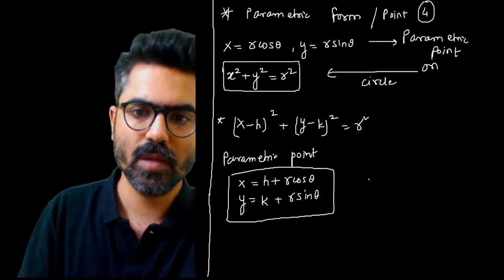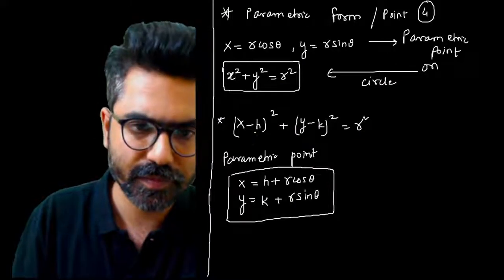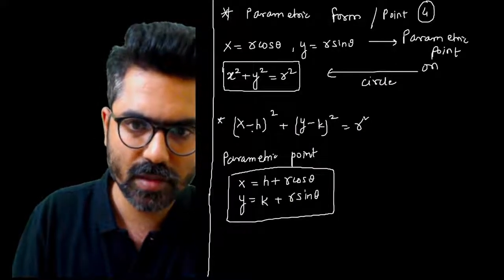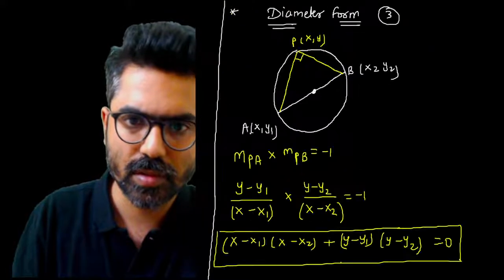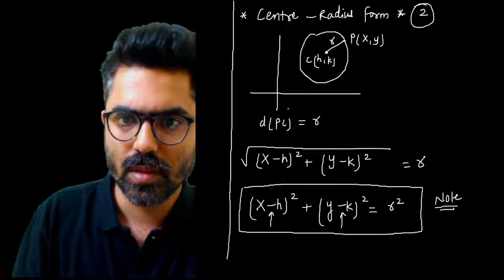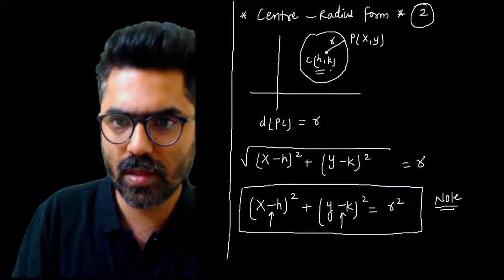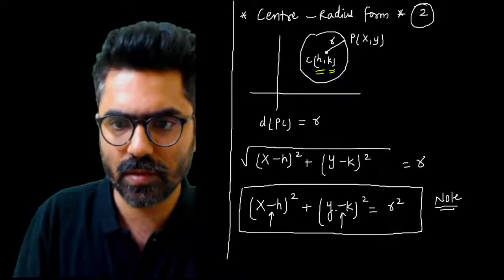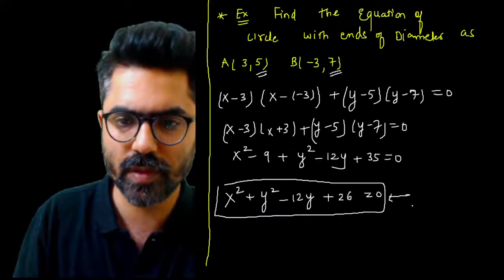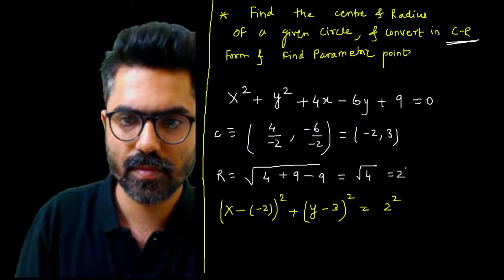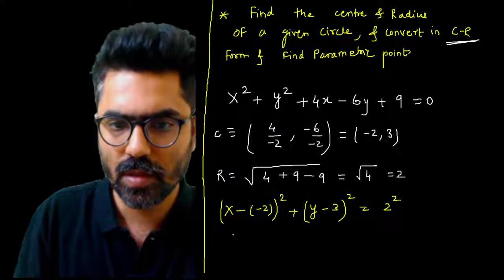What is center radius form? x minus h, the whole square, and y minus k, the whole square, equal to radius square. So this is the equation in center radius form.